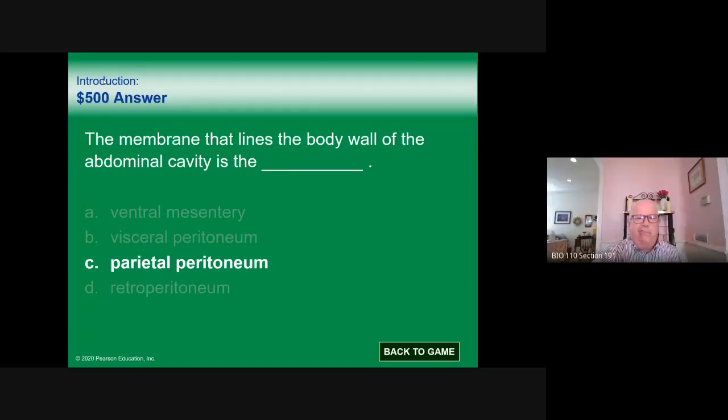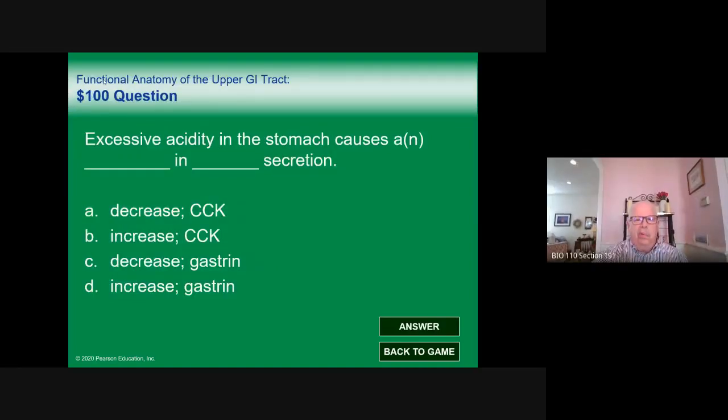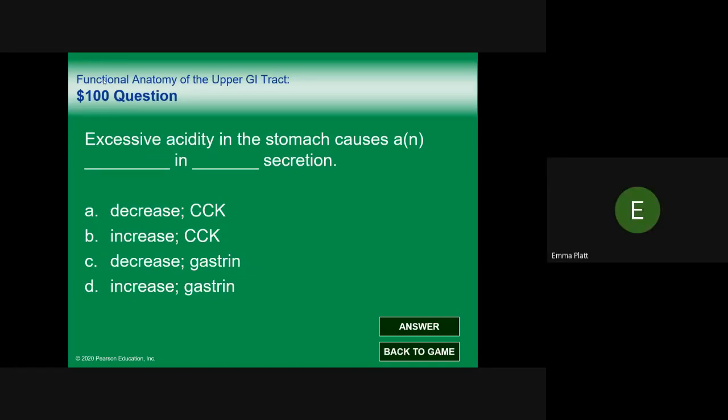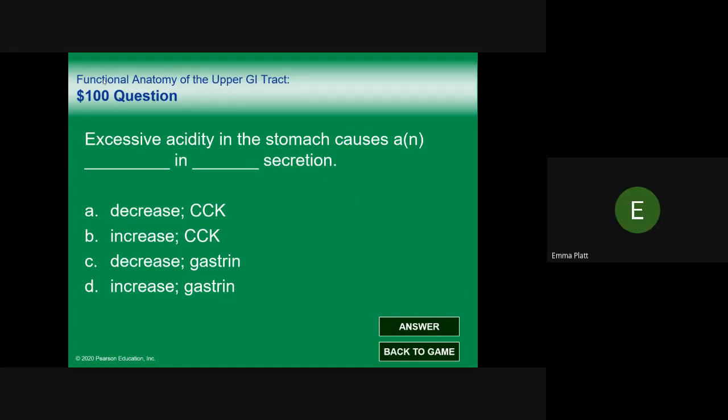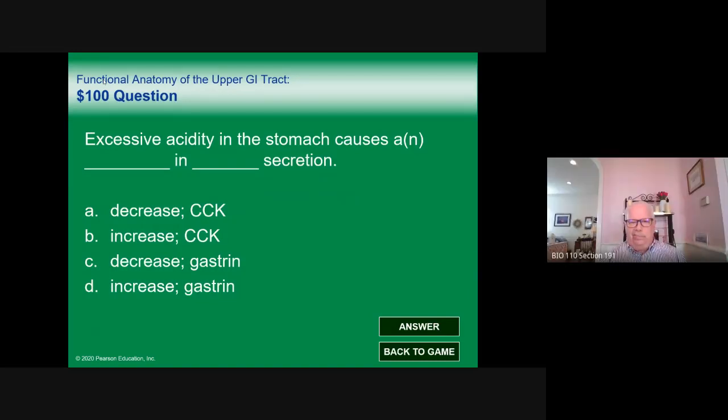Hello. Hey. Ooh. Excessive acidity in the stomach causes a blank in the blank secretion. Is it B? B as in boy. Yeah. Do you know what CCK is? No. You're guessing, right? Yeah. CCK is cholecystokinin, which is produced by the small intestine.